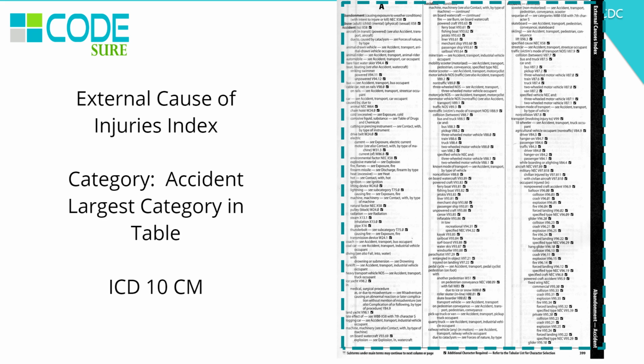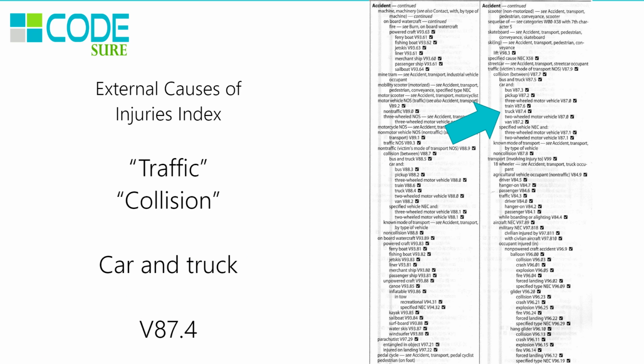Let's start here. What type accident was this? It was a traffic accident, and we know that's where we need to search. Here you see the term victim's mode of transportation. That's the same thing as patient, and I'm not sure why they call him victim. But we know that the patient or the victim was in a car, and they had a collision with a truck. That looks like our code, V87.4.